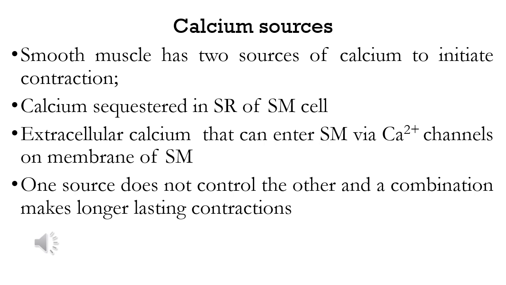The calcium can be gotten from the sarcoplasmic reticulum, and there is also an amount of extracellular calcium that can enter the smooth muscle via specific calcium channels on the membrane of the smooth muscle. One source is not really dependent on the other, but the combination of the two makes for a longer lasting contraction.